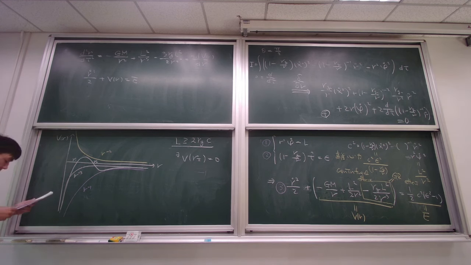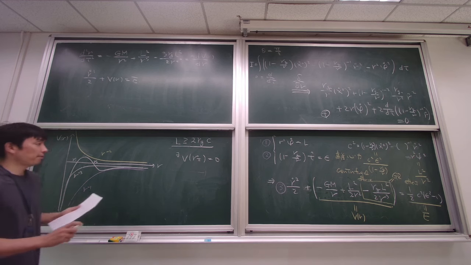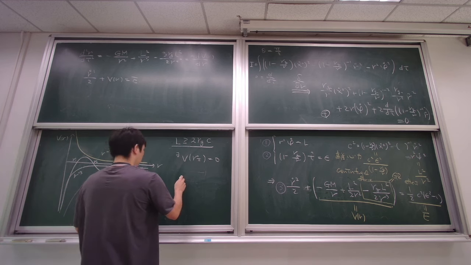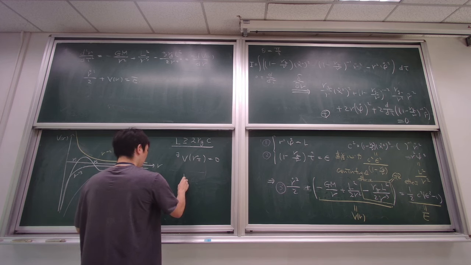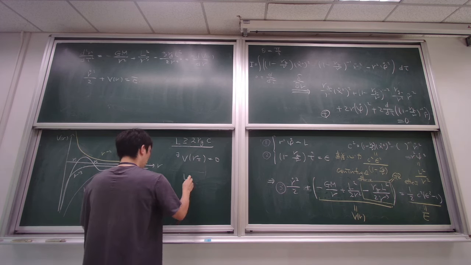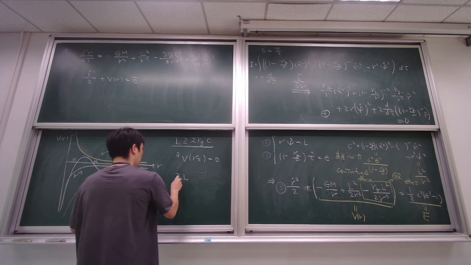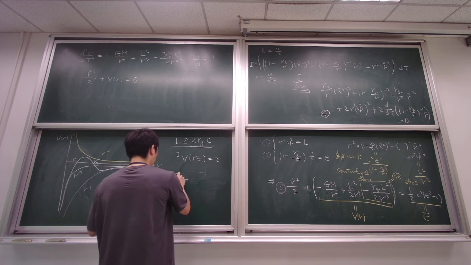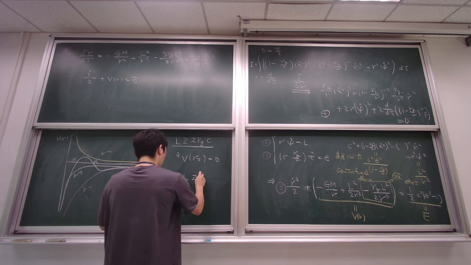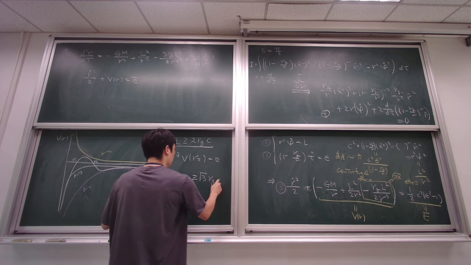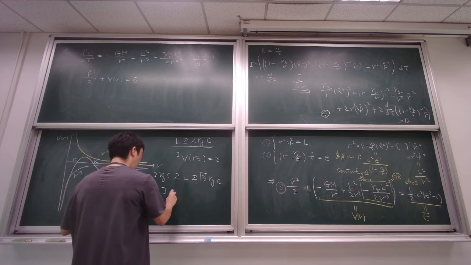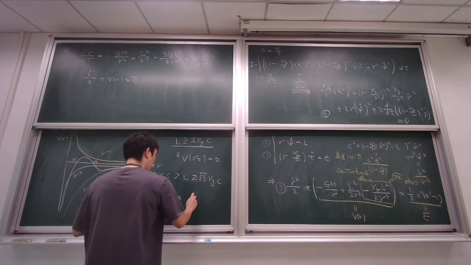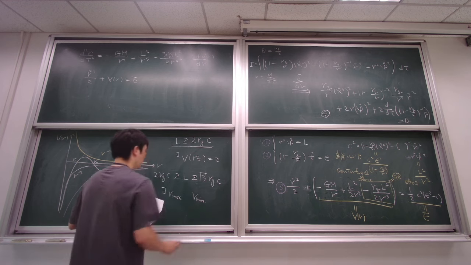And then if L is this value, what was that? 2RGC, and less than square root 3 RGC, there exist R max and R min.